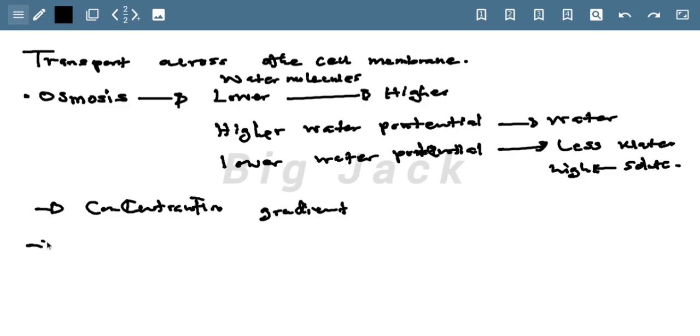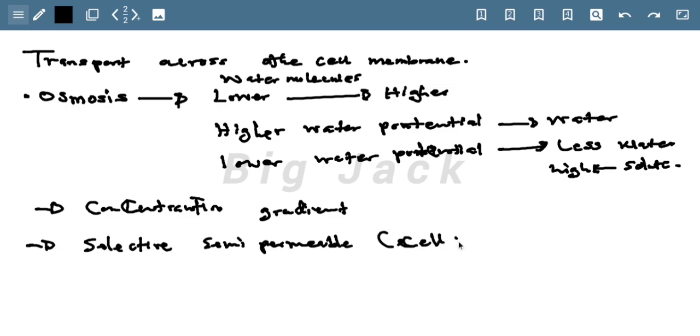Apart from that, there must be a selectively semi-permeable membrane, which just refers to the cell membrane.